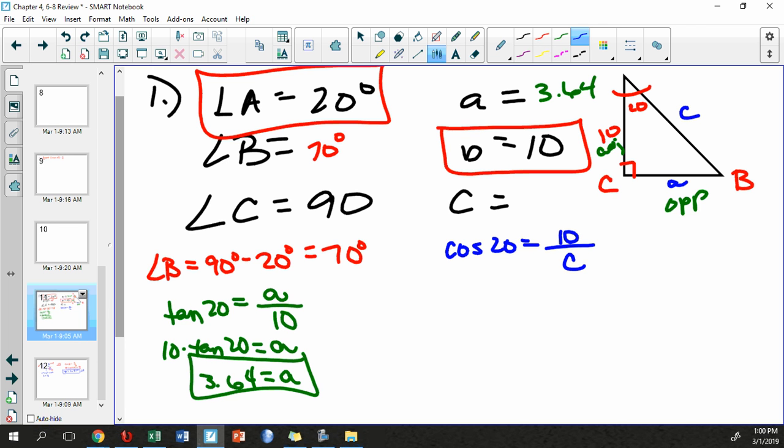So you say potato, I say potato, it really doesn't matter. So C is equal to 10 divided by the cosine of 20. So if I take 10 and divide it by the cosine of 20 degrees, C is going to give you 10.64.